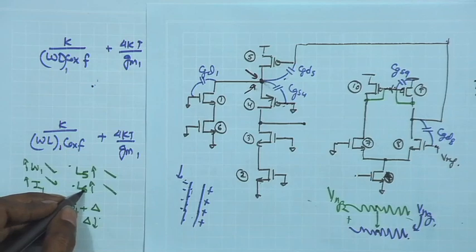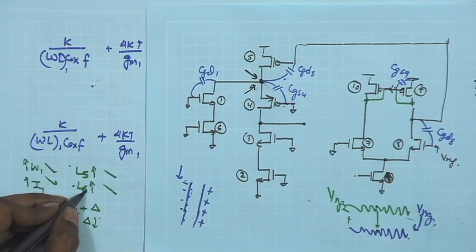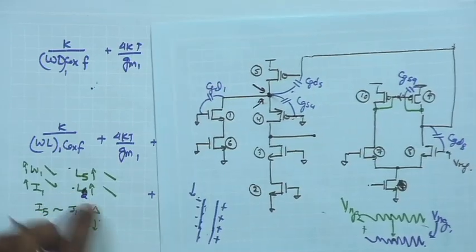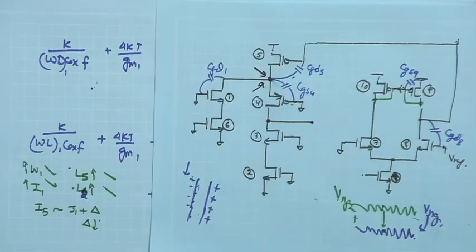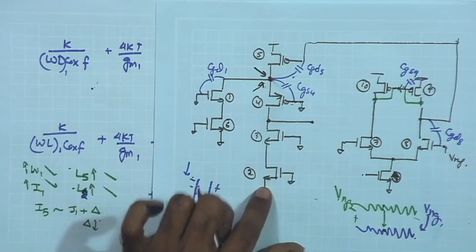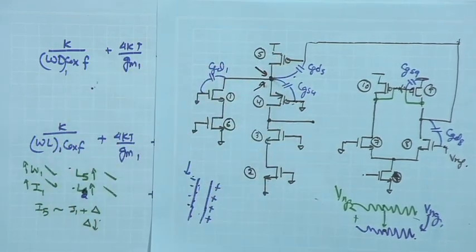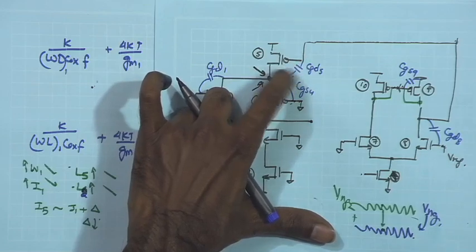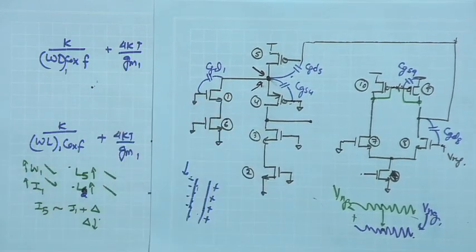I should call this 2. It's not really L5, 6. It should be 2, because this is the bottom device we are talking about. So, L5 or L2. Increasing the L5 or L2 does not really increase their CGD significantly. As a result, it does not have a significant fight with the compensation.